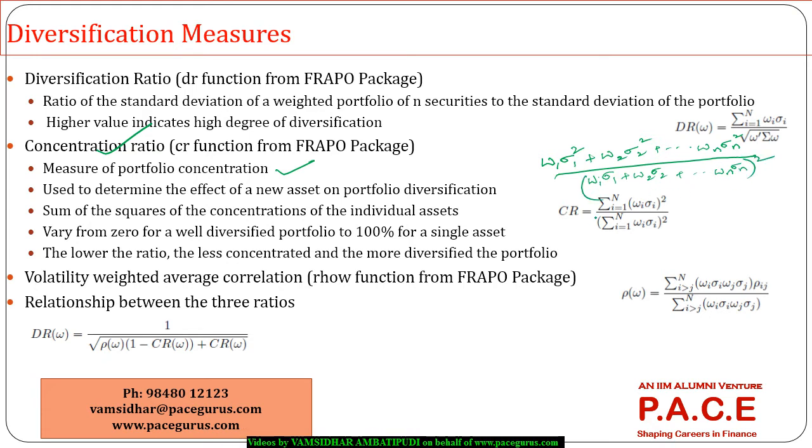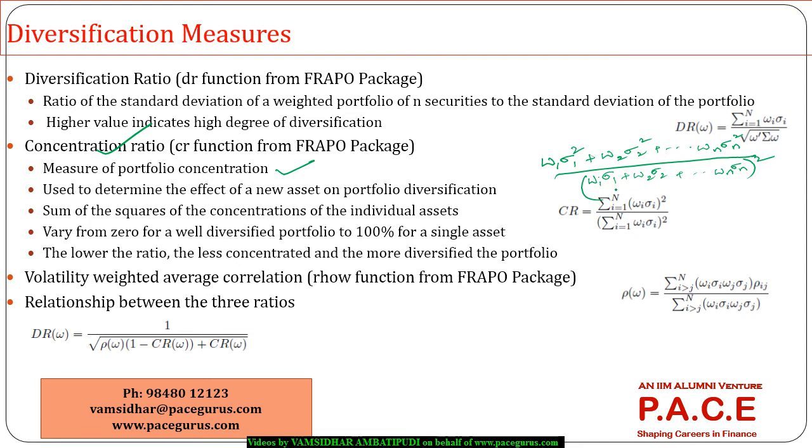So if you see here, if the concentration is much higher, the numerator is talking about the individual squares, whereas the denominator is talking about the squares along with the interaction terms.